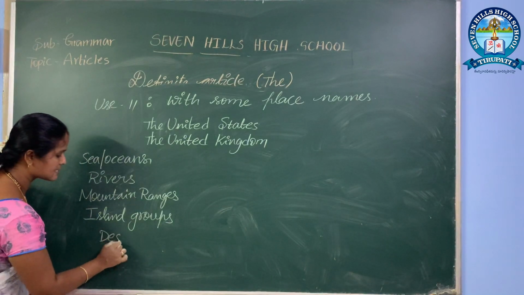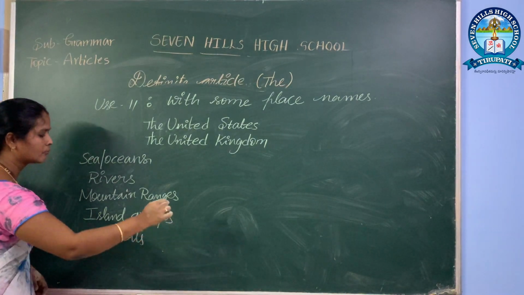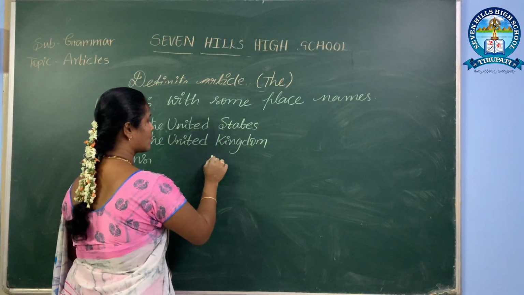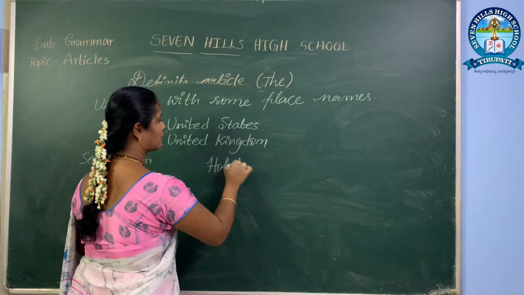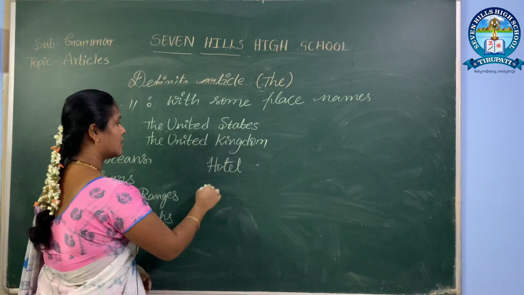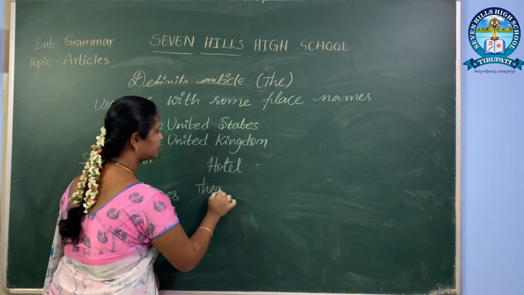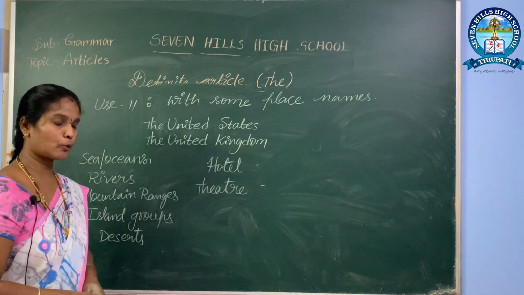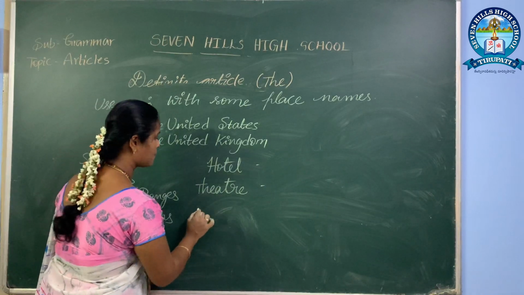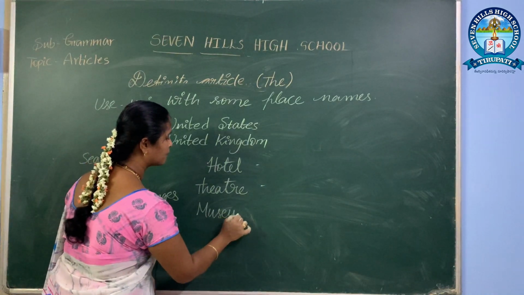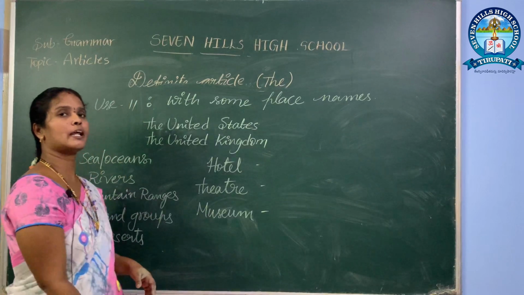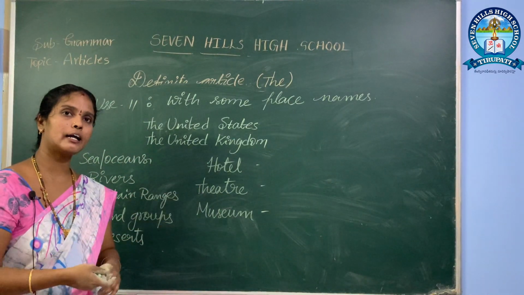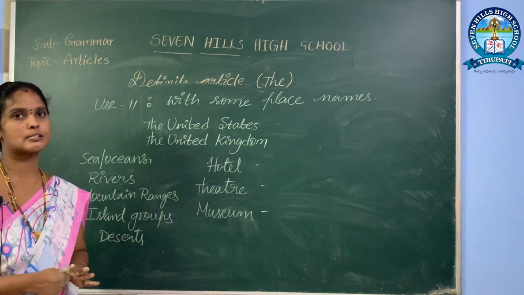And deserts, the Sahara, the Kalahari, etc. And hotel, the Plaza, theatre, the Chicago Theatre, museum, the Metropolitan Museum of Art. Like this, we can use the in the places names also.